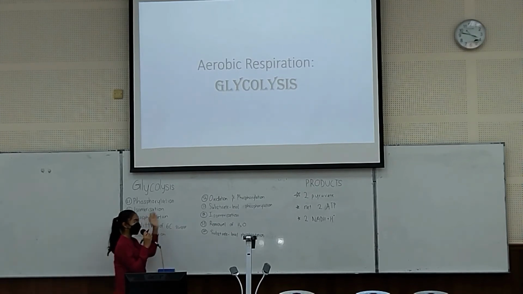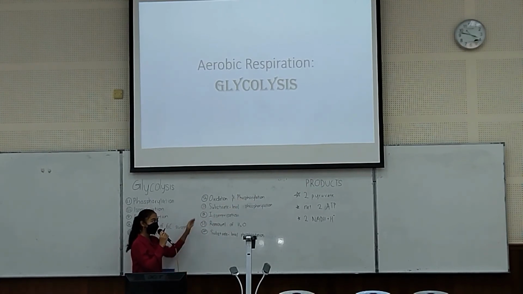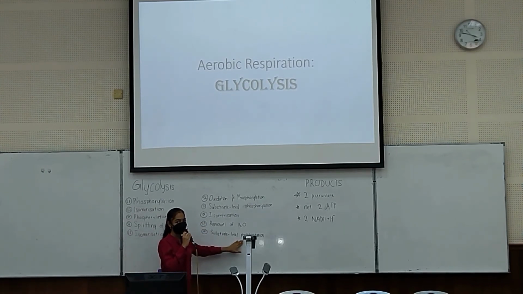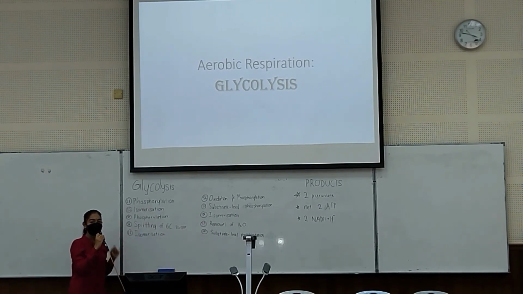And the 6th step, oxidation and phosphorylation, substrate level phosphorylation, isomerization, removal of H2O, and lastly, substrate level phosphorylation again. So, these are the main 10 reactions happening in the glycolysis process. As you can see, there are a few steps repeating again and again.